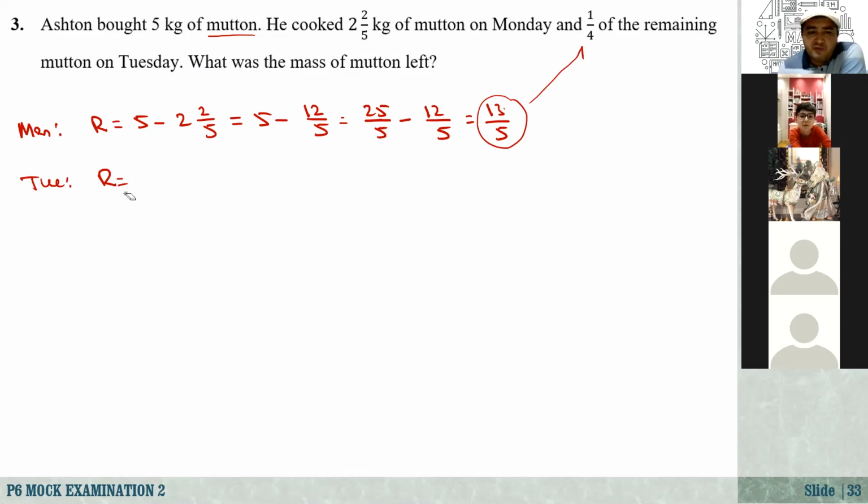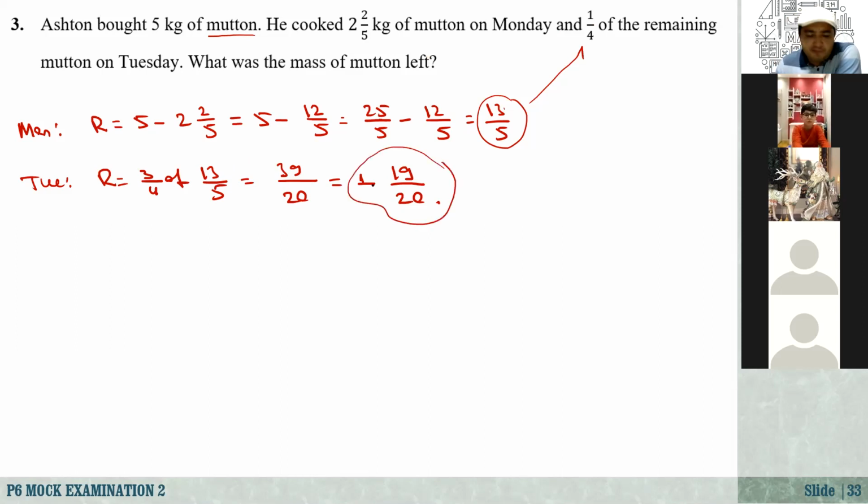Because 1/4 plus 3/4 is equal to 1. So remaining will be 3/4 of 13/5, which is equal to 3 times 13, 39, over 4 times 5, 20. That's equal to 39/20. So after cooking that much on Monday and Tuesday, we have this much left.